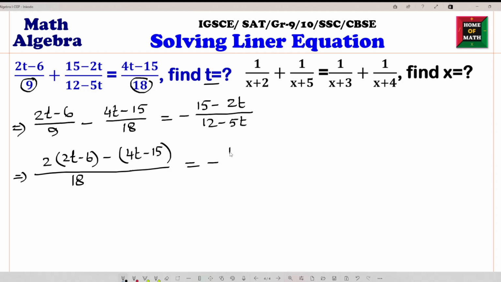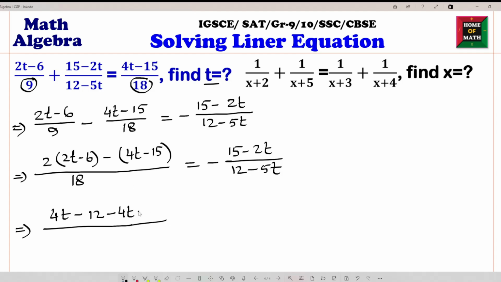Then here is minus 15 minus 2t divide 12 minus 5t, okay? Then we can write what? Here is 2 times 2, it means 4t minus 12 minus 4t, and here is plus 15, right? Divide 18 equal minus 15 minus 2t divide 12 minus 5t.